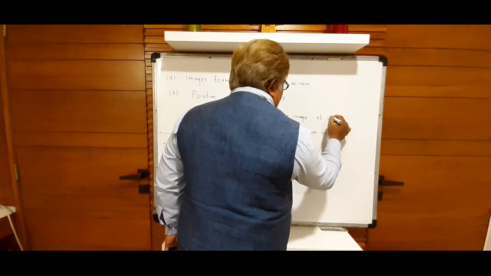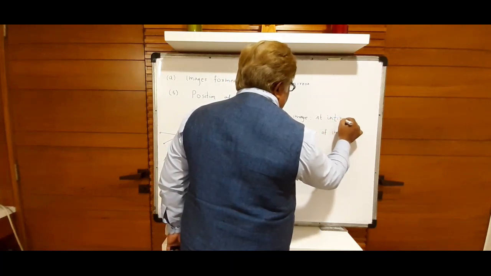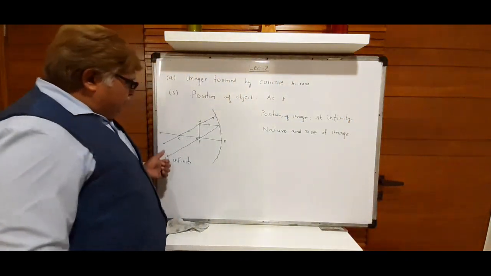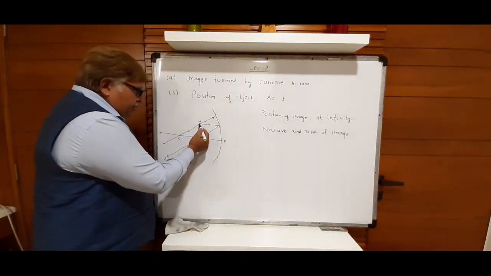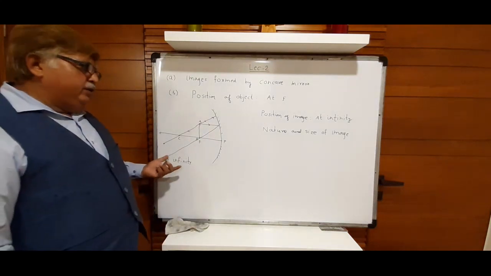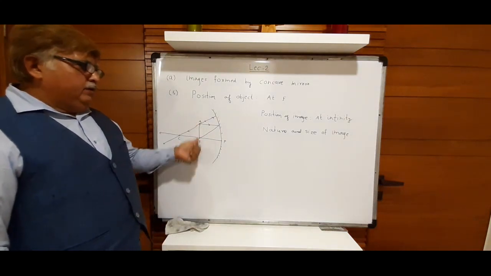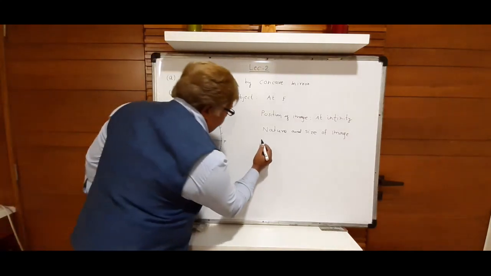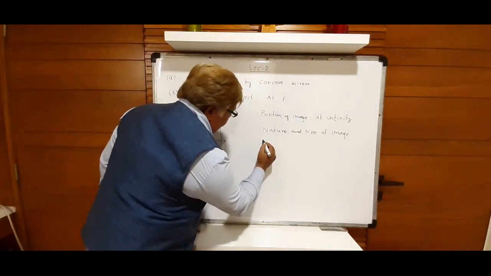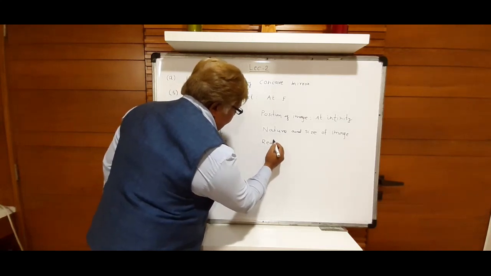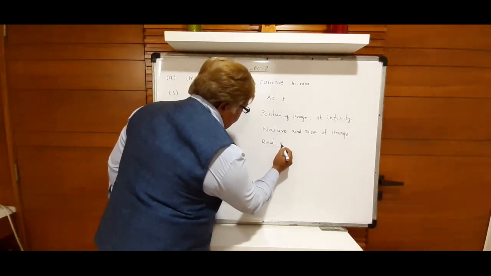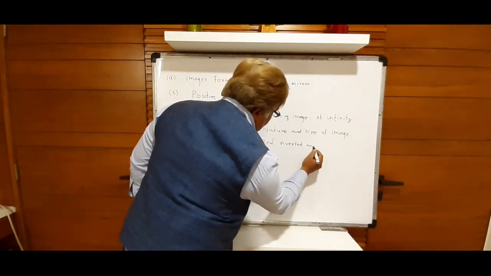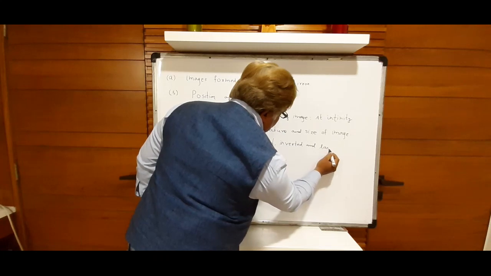So, position of image at infinity. We are not able to visualize the image here, but it is obviously real, inverted and larger than the object. So in nature and size of the image I can write real, inverted and larger.